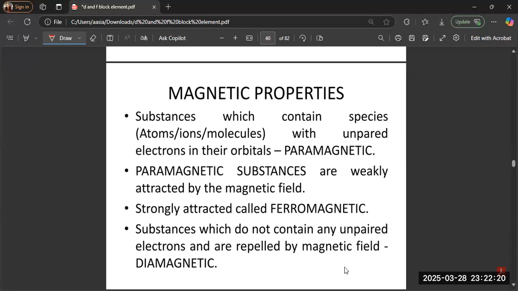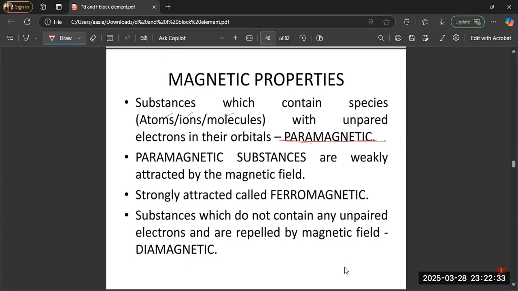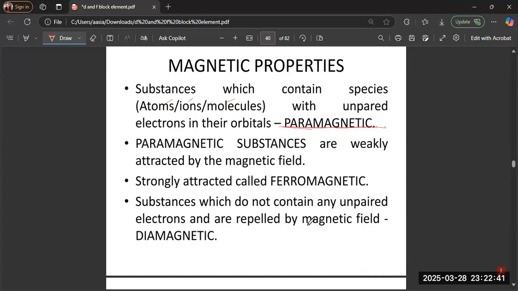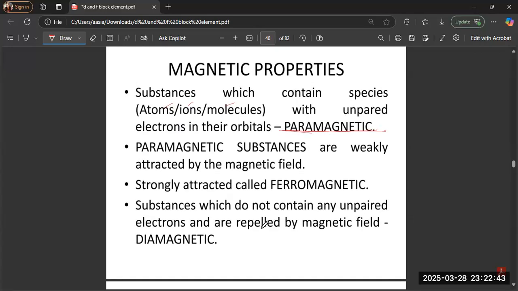Substances which contain species, which are atoms, ions, or molecules, with unpaired electrons in their orbitals are called paramagnetic. Paramagnetic substances are weakly attracted by the magnetic field, and substances that are strongly attracted by a magnetic field are known as ferromagnetic.